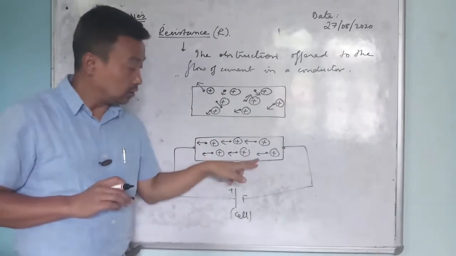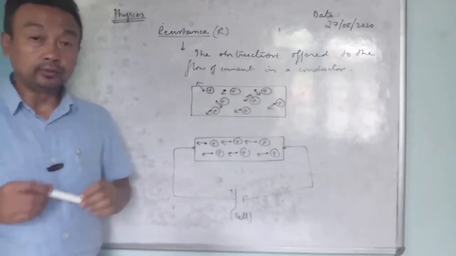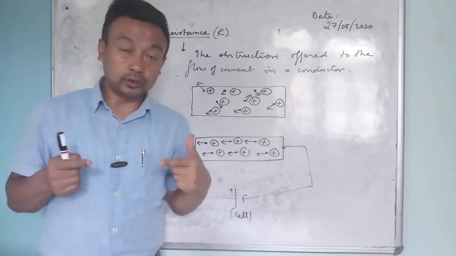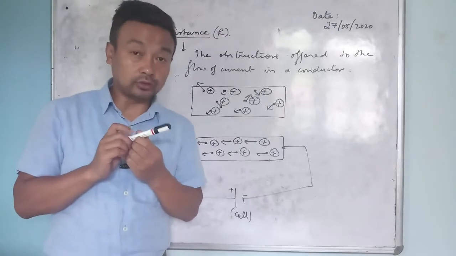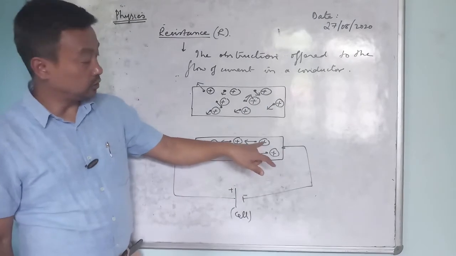Some of the energy is lost in the collision, and due to that lost energy, the wire gets heated. You must have observed that when a wire is connected to a cell, the source of current, the wire is quite hot. It is because the energy is lost due to the collision.